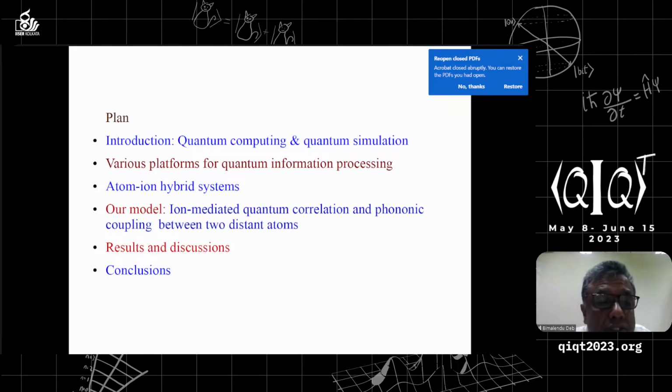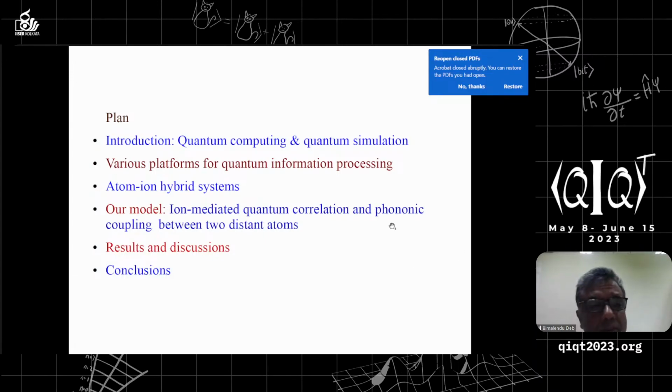Then I would discuss atom-ion hybrid systems, why hybrid systems are important, and the atom-ion hybrid system is a new system which has some prospects for doing quantum information processing. And then I will discuss in detail our model, ion-mediated quantum correlation, and phononic coupling between two distant atoms, then results, then discussions and conclusions.